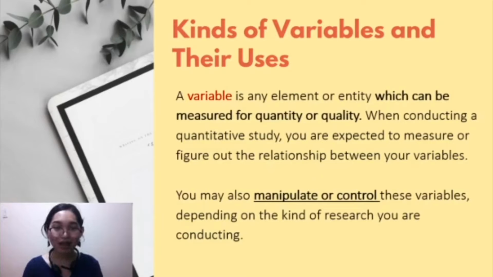You may also manipulate or control these variables depending on the kind of research you are conducting. Usually, when you are going to manipulate your variable, it is under experimental study. But later on, you will know what are the quantitative research designs and when you are going to manipulate the variables under your study.